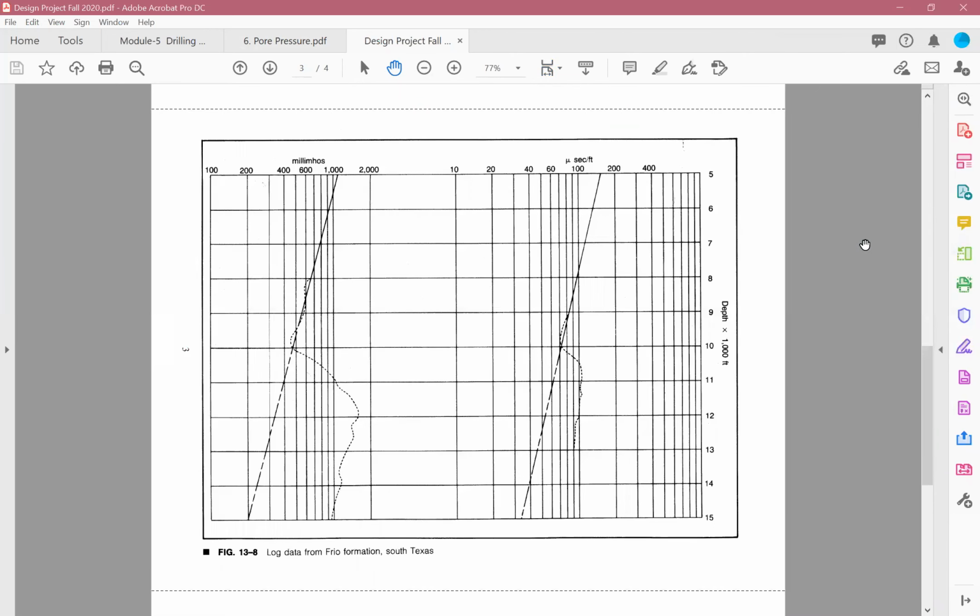All right, so these are two well logs that are given to you, right? So I'm going to do an example maybe here on this well log. You see that the top part is resistivity in ohms, which means it's resistivity, right? And this is microsecond per feet. So this is transit time, so this is the sonic log here. And this one is the resistivity log, right?